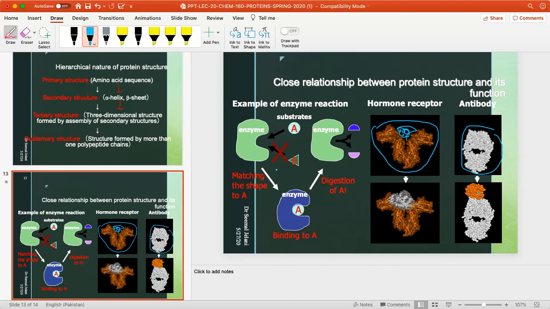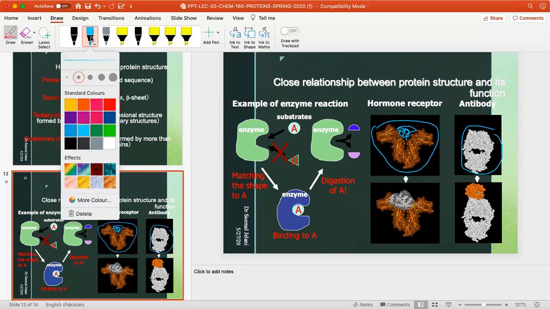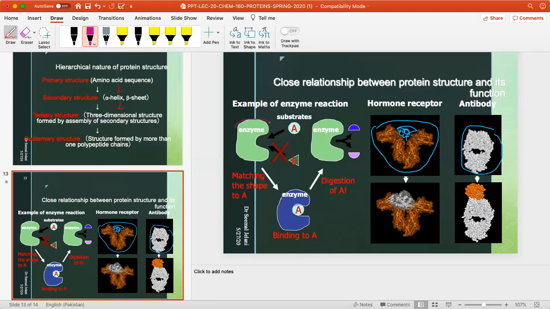Let me come here to explain that, for example, let me get the pen. If this is the structure of an enzyme, and this is substrate A and this is substrate B. Now A can easily fit over here like this, right?